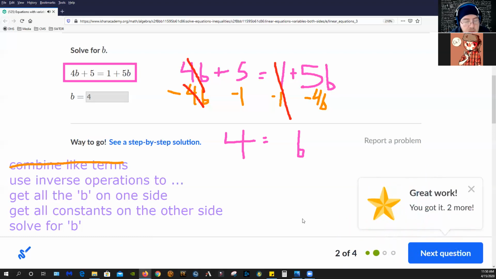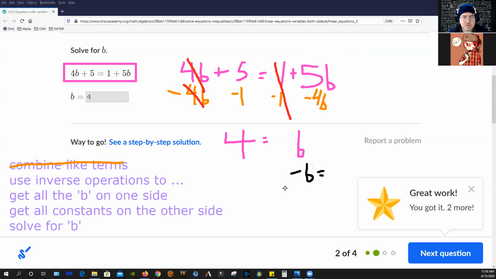And if you had done it any other way, you still should have ended up with that answer. I guess if I could rewind my thinking. If you had subtracted 5b from both sides, you would have ended up with negative b equals, hang on, I gotta move that because I'm about to end up under our pictures.